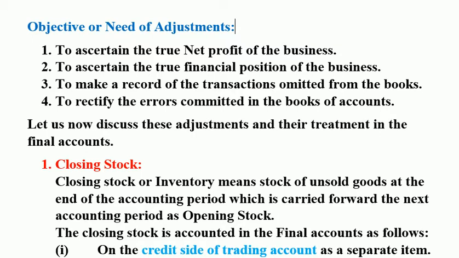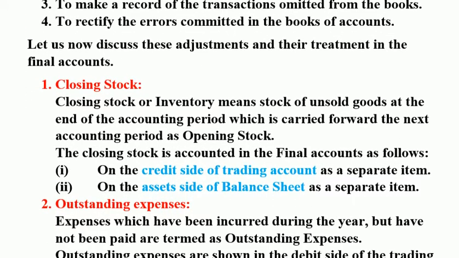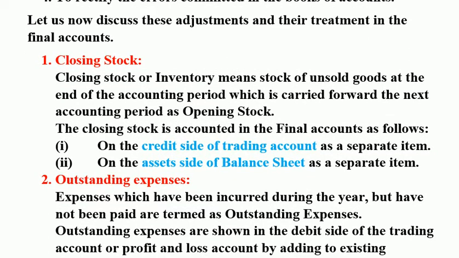Now let us discuss these adjustments and their treatment in the final accounts. Let us discuss the adjustments related to various items. The first item in financial statements with adjustments is closing stock. I hope you all know very well what closing stock is.